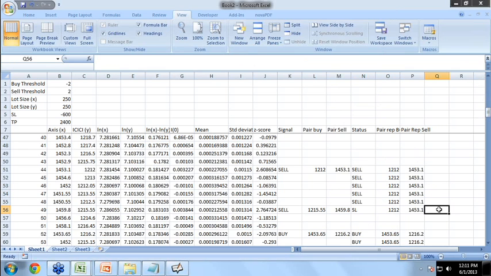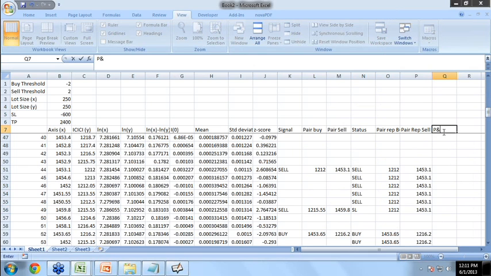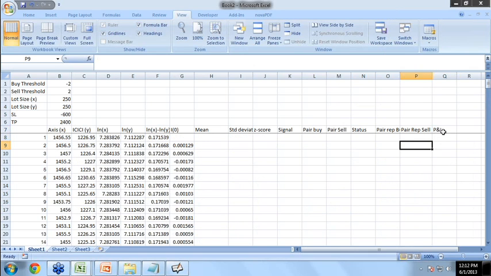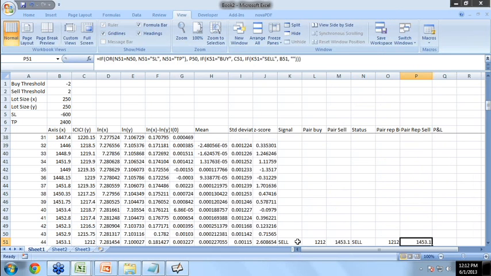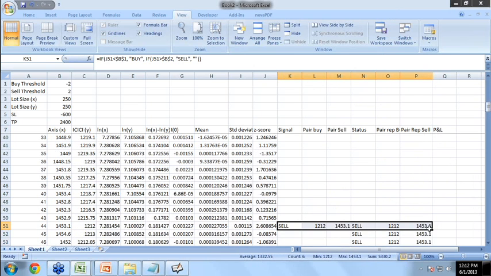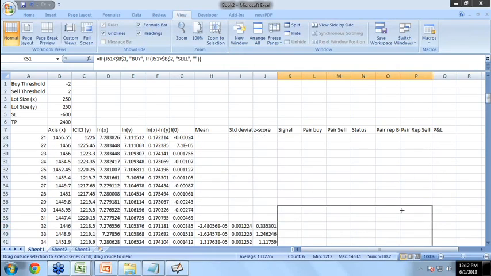All right. So the next part is to calculate the take profit. Oh, sorry, not the take profit, the profit and loss.